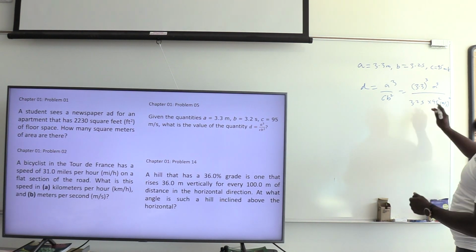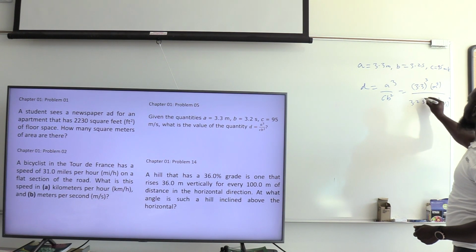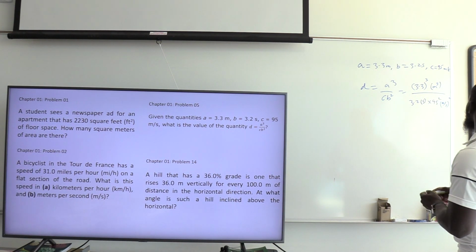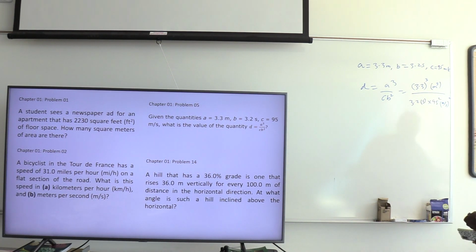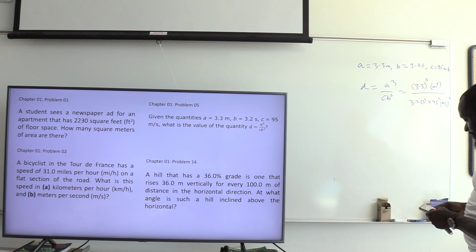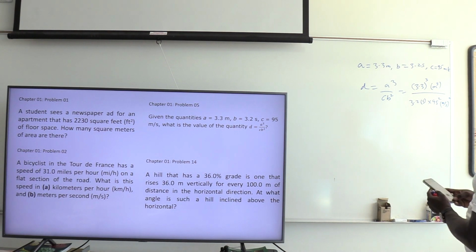This is seconds, so let me put this in brackets. I do the numbers first, and doing the numbers first, this will give me 3.3 cubed divided by 3.2.